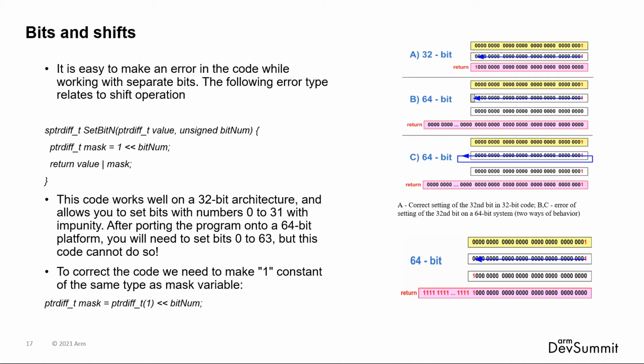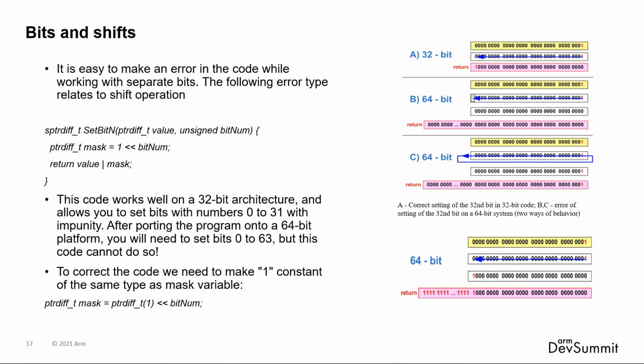Section A shows correct setting of the 32nd bit in 32-bit code. Sections B and C show an error of setting the 32nd bit on a 64-bit system with 2 different ways of behavior. To correct the code, we need to make the 1 constant of the same type as the mask variable.